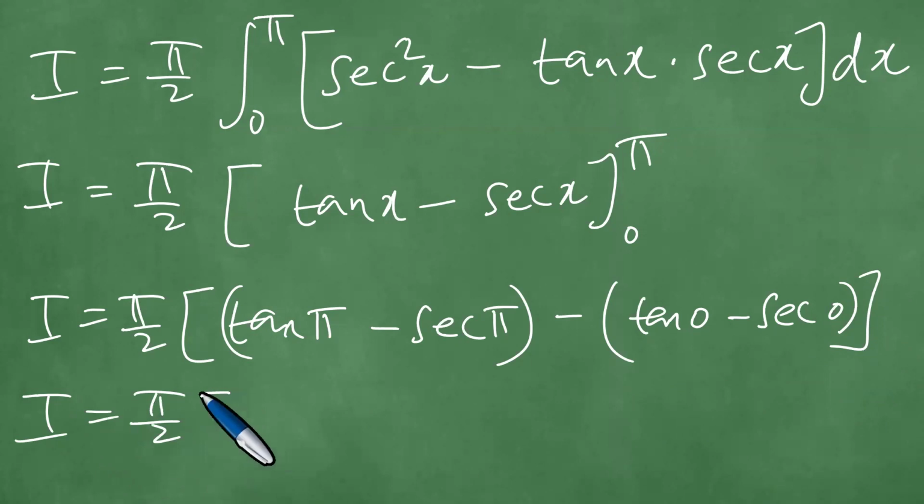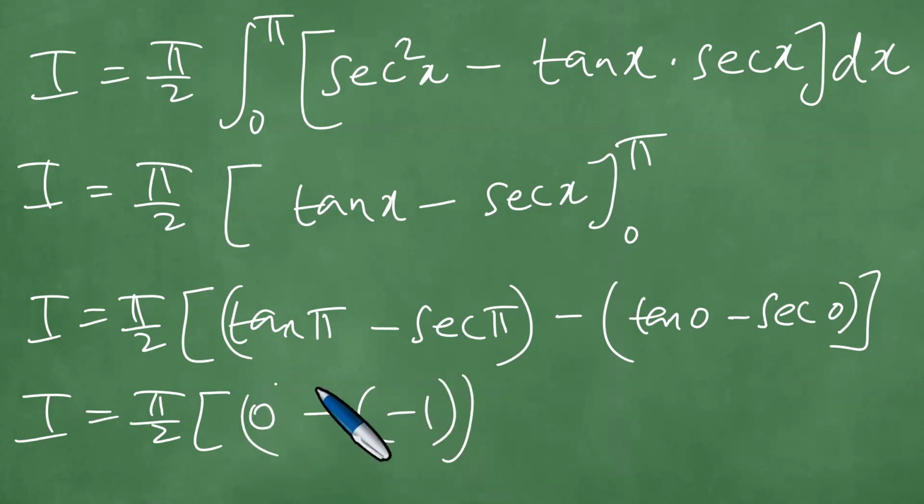So you have pi over 2, then the tangent of pi, which is 0. The secant of pi is minus 1. The tangent of 0 is 0, and the secant of 0 is 1.